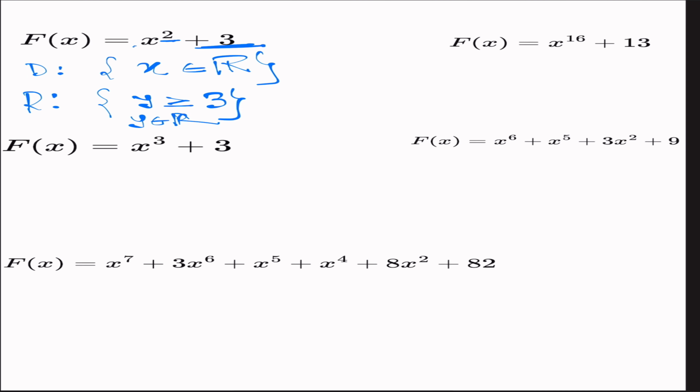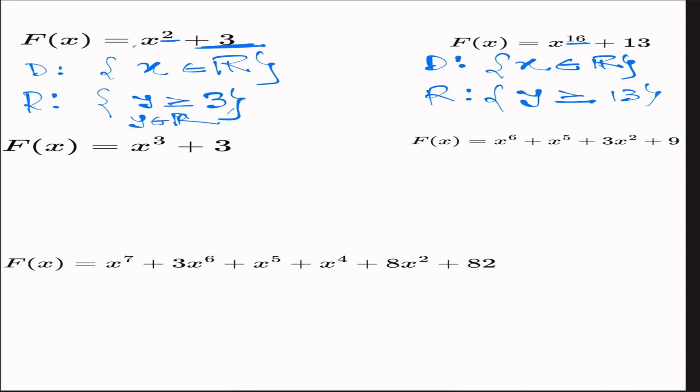Here is the same thing, we have an even degree, so it's the same again. The domain is x, all the real numbers, and the range is y is more than or equal to whatever constant we have. If we have 13, we write down 13.